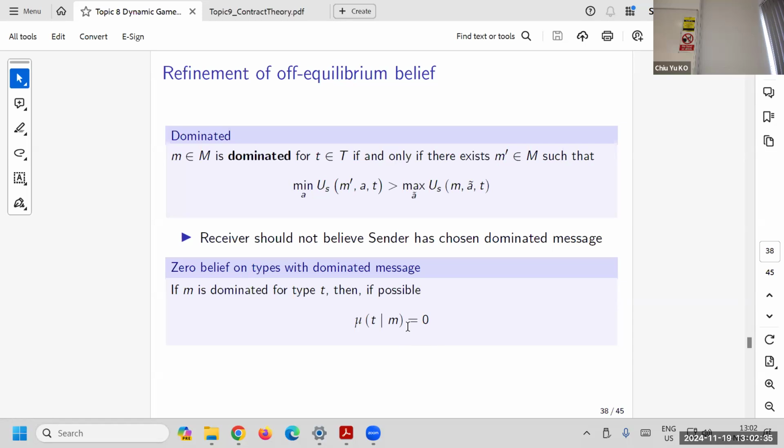Let's suppose, simply in this way, a man and a woman. The woman is the receiver, the boy is the sender, right? If the boy sends her a very, very, very expensive flower, which of course will lose value in one day, and it's so costly, then she shouldn't believe that he is very poor, right?